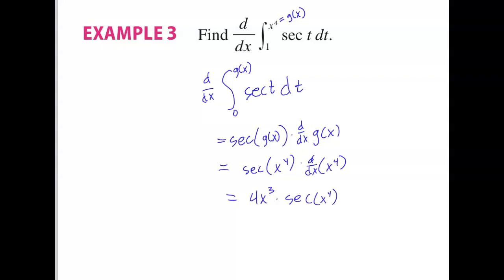Hey, Mr. Toller. Go ahead. What happens to the dt? The dt, you can think of as part of the integral operator. Like this and this are all one operation, okay? And so when we take the derivative, it eliminates the integral altogether.